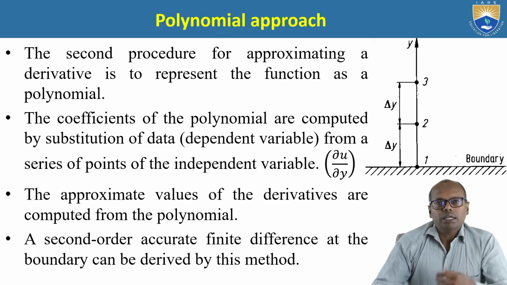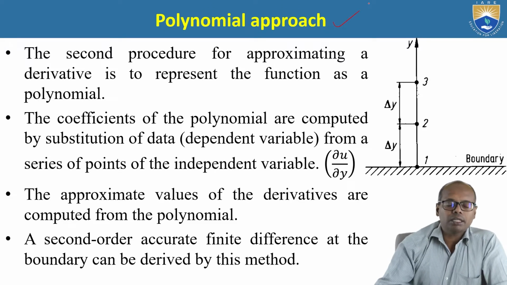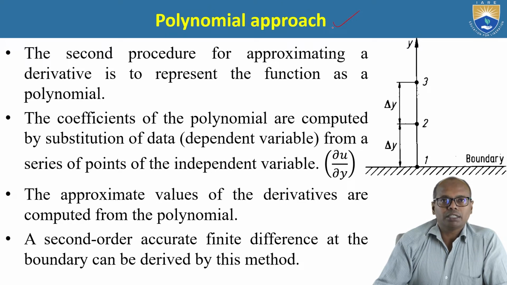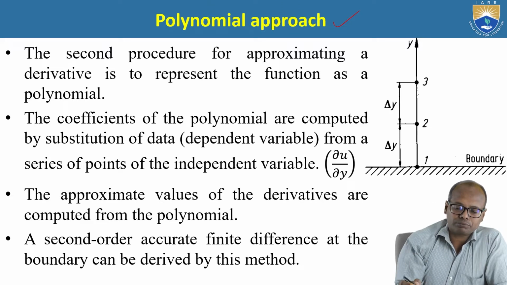After some time, they arrived at what is called the polynomial approach, to avoid the difficulty of having to use the boundary reflection condition. They derived a polynomial approach for finding the finite difference expression for each grid point.